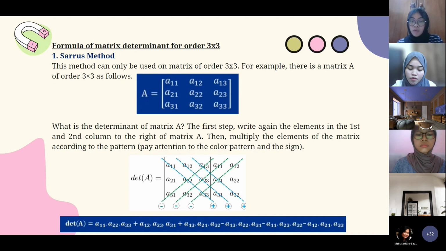The first step, write again the elements in the first and second column to the right of matrix A. Then multiply the elements of the matrix according to the pattern. Pay attention to the color, pattern, and design. Look at the following picture for easier understanding.